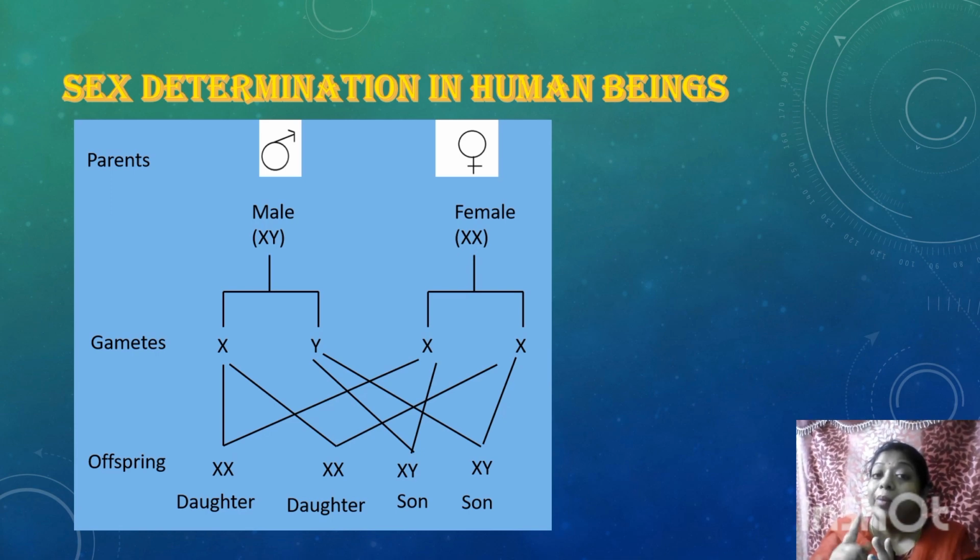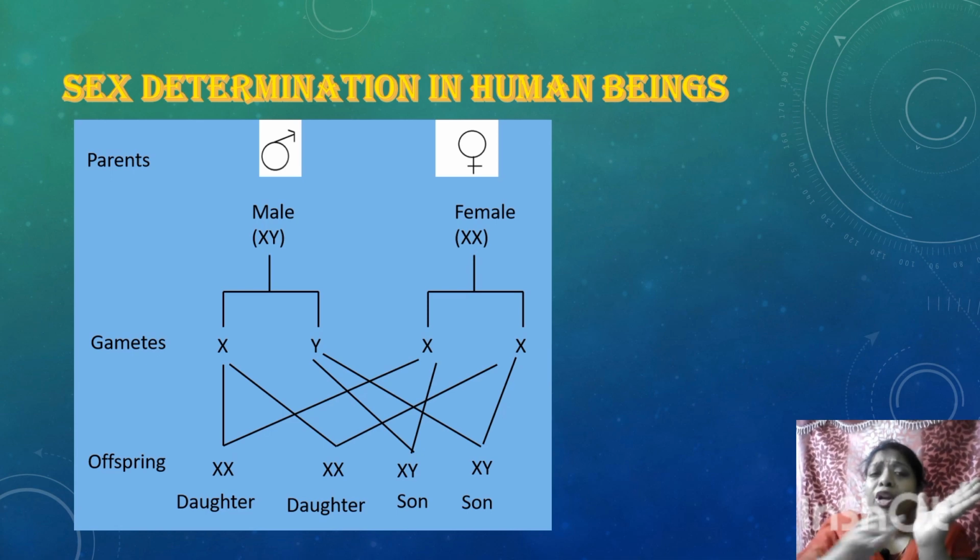So one is very, very active here. This XY male sex determination is found in humans, in mammals, in insects, and of course in some species of plants.